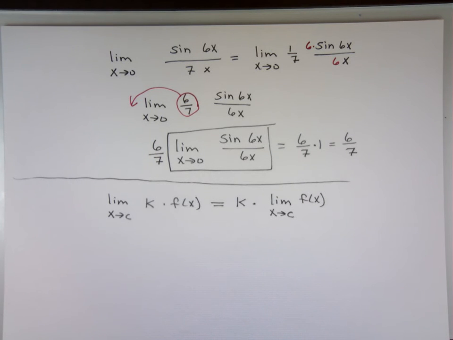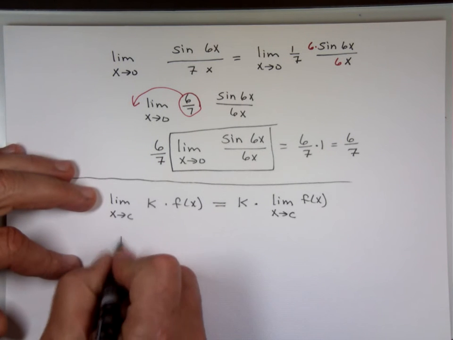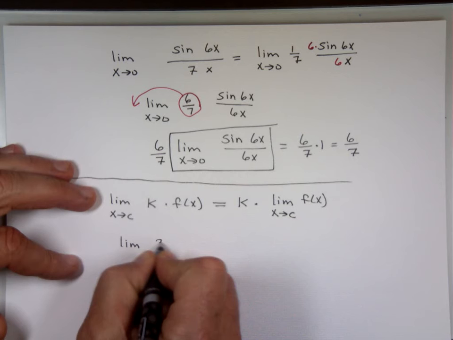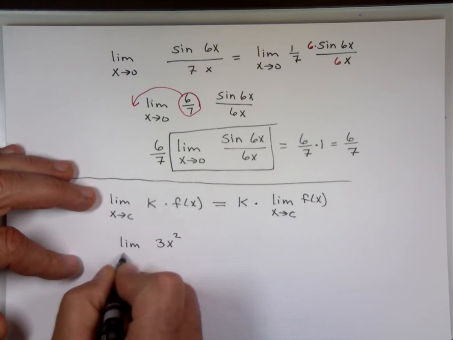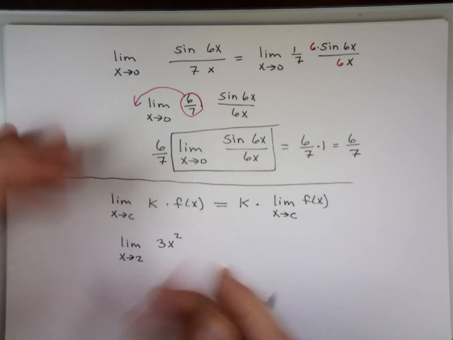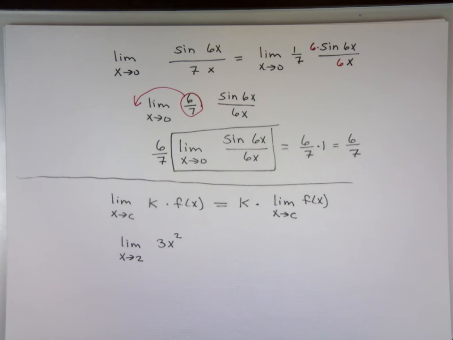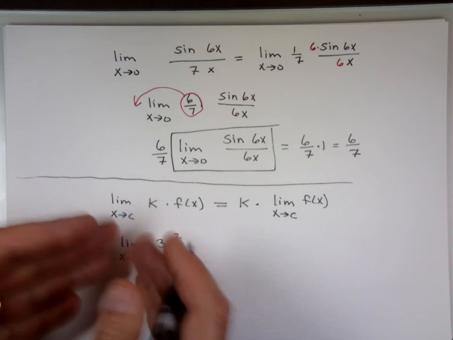You can leave it, or so when you're given a problem like this, what's the limit of 3x squared as x approaches 2? You can do that as one problem if you want, or you can take the 3 to the front. Your answer is not going to change.